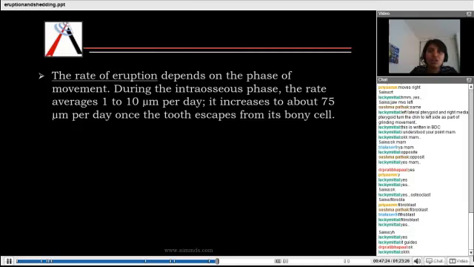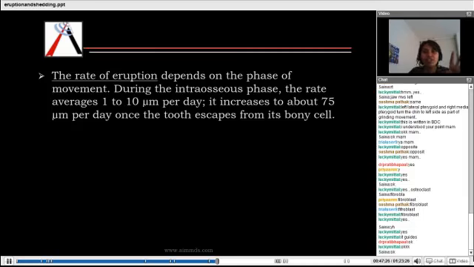Now we had been talking about two phases of eruption. One is the intraosseous and second is the extraosseous. Intraosseous, wherein all this resorption will take place, the gubernacular canal will be widened and then the tooth will erupt. That is the intraosseous. When we talk about the movement in the intraosseous, it's 1 to 10 micrometer per day.